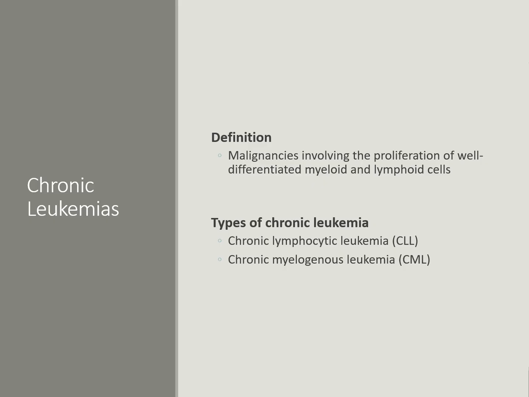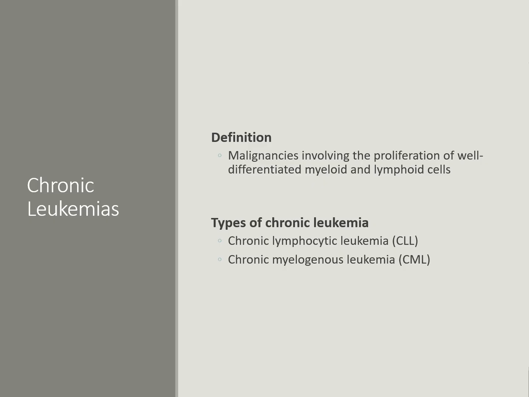And so now we're going to move on from the acute leukemias to the chronic leukemias. So the definition: these are malignancies involving the proliferation of well-differentiated myeloid and lymphoid cells. So remember that in acute leukemias, we had poorly differentiated myeloid and lymphoid cells.